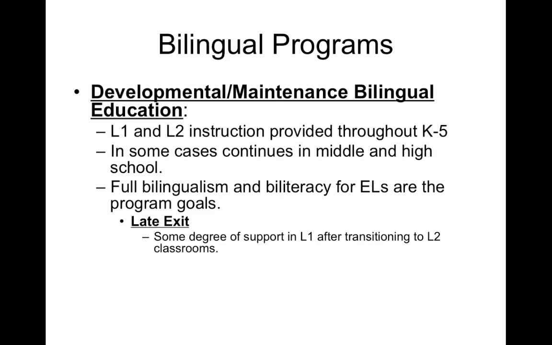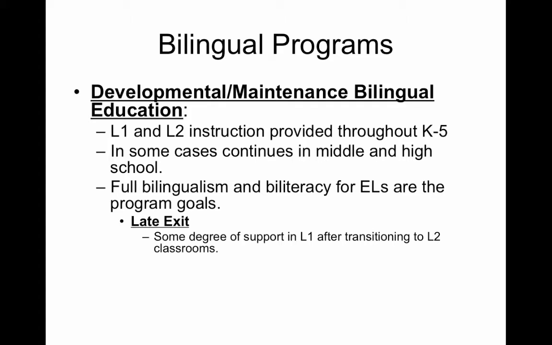Okay, the next bilingual model program is what's called developmental or maintenance bilingual ed. In this model, both first language and second language are considered to be an asset. It's considered to be a really good thing to be bilingual and to continue being bilingual.